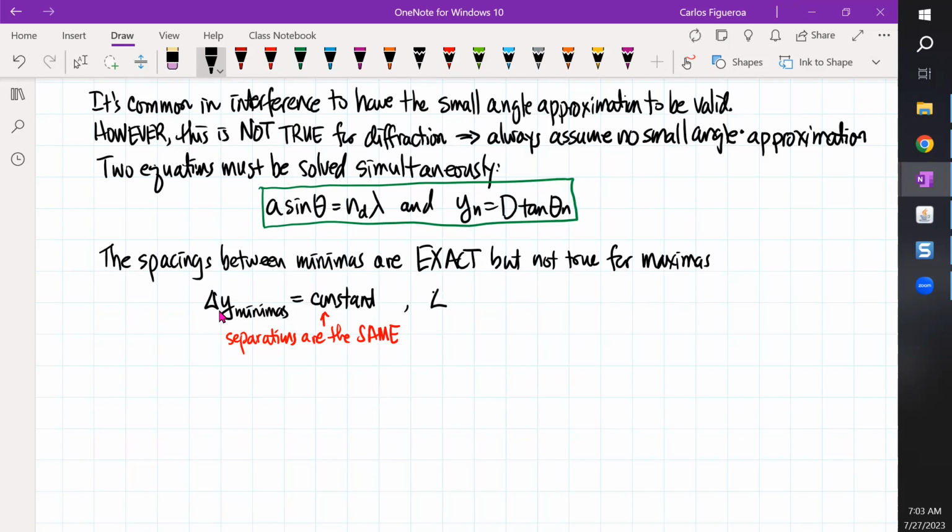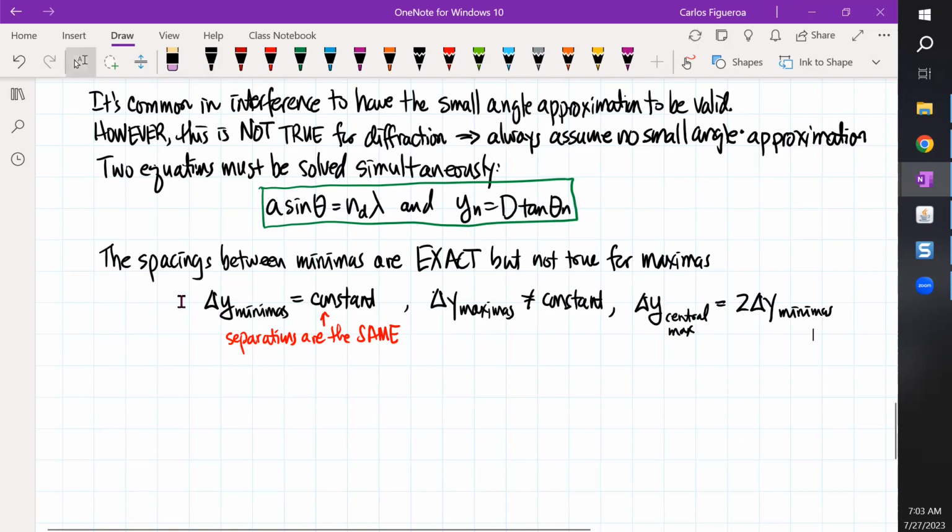So if I look at the spacings between maximas, these guys are not constant. And another thing that we know here is that the separation of the central max is exactly equal to 2 times the separations of the minimas. It's always the case like that.